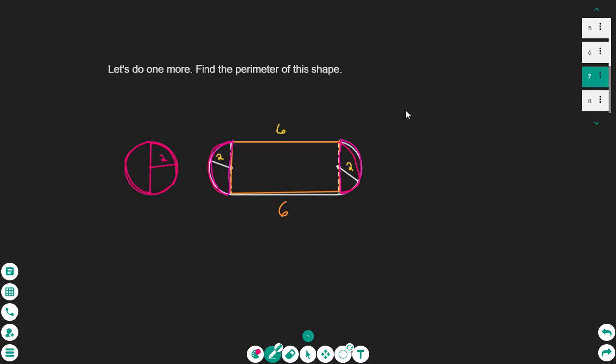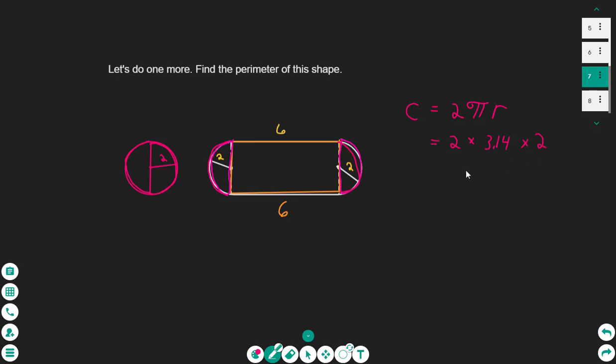So let's do that. So the circumference is equal to 2 times pi times radius. Our radius we know is 2. So it's 2 times 3.14, that's our pi, times our radius, which is a 2.